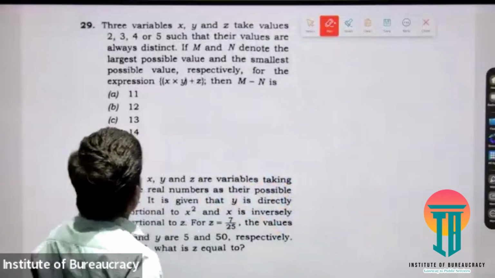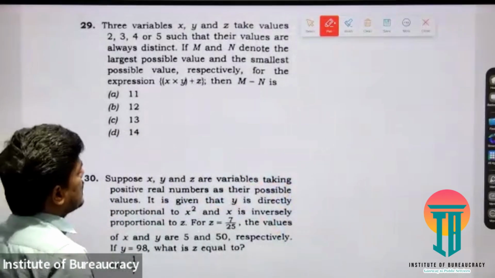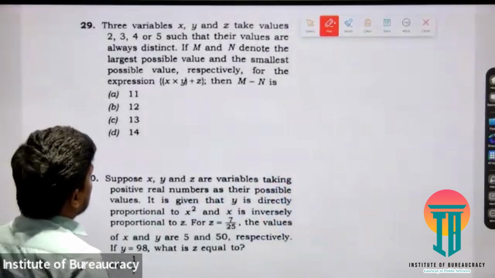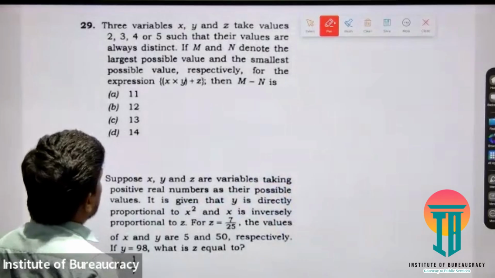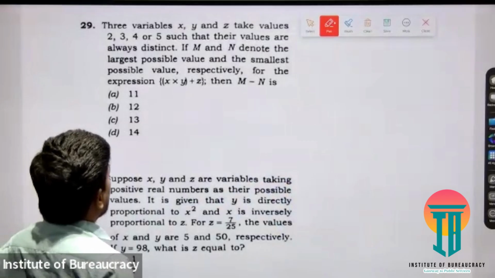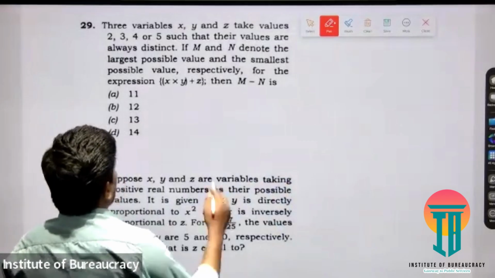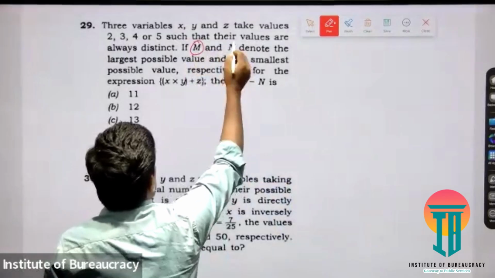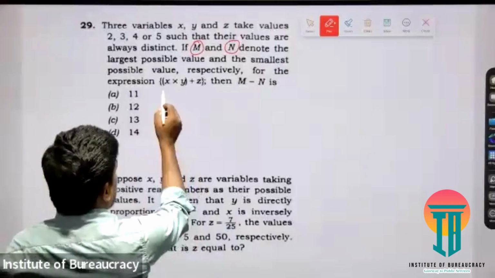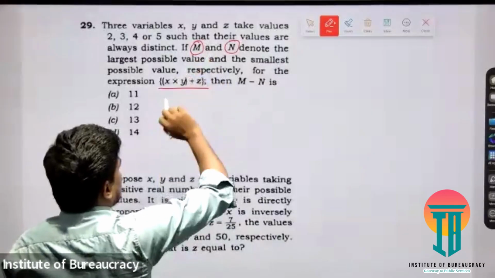The next question. 3 variables x, y, z take values 2, 3, 4, 5 such that their values are always distinct. If m and n denote the largest possible value and the smallest possible value, respectively, for this expression, m is largest, n is smallest.